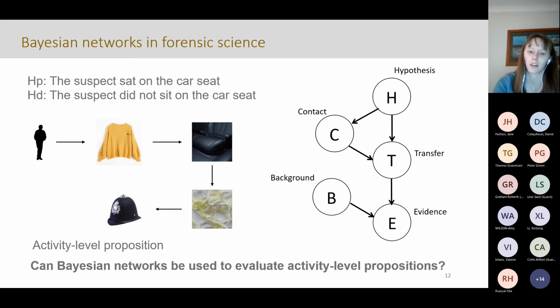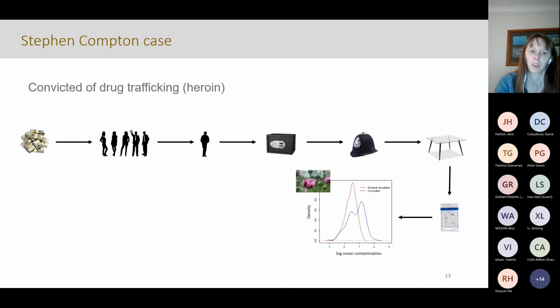And that's a very complicated activity level proposition, because you have to infer a lot about what the suspect was doing for these notes to get contaminated with drugs. So we looked in more detail for a specific case that might be useful to evaluate. And the case that we came up with was that of Stephen Compton. The notes for this are online, so it's a real case, and we found the appeal notes, and so we were able to find out more about what actually happened.